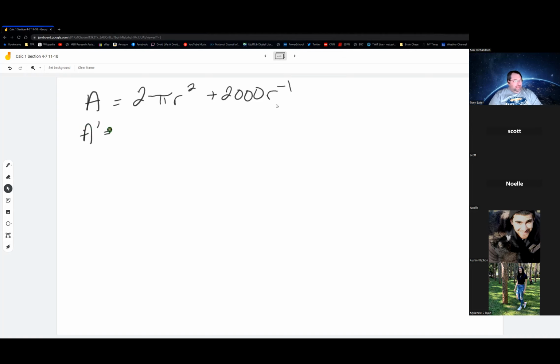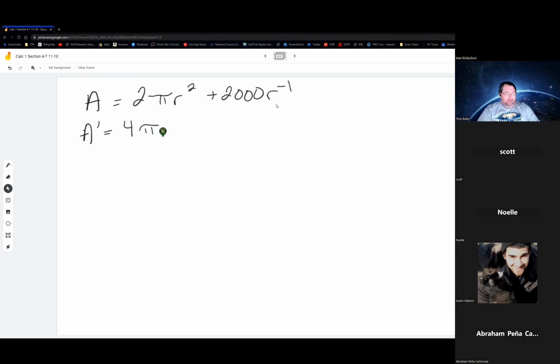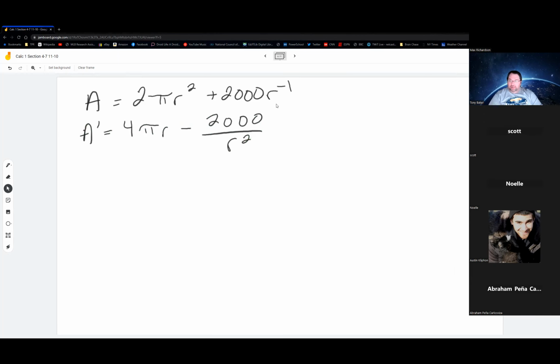So A prime, we have 4 pi r minus 2,000 r squared. And for all this, I totally didn't put this in there, but obviously my radius has to be greater than 0 for all this.